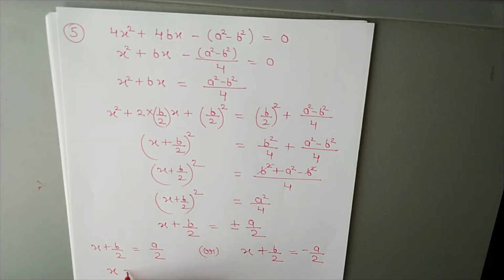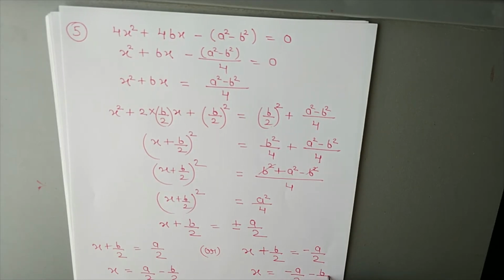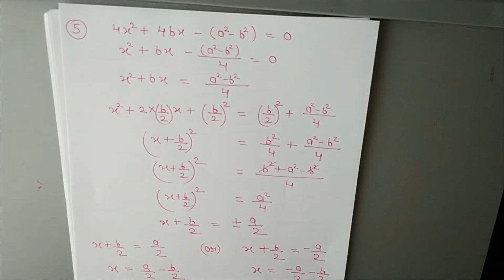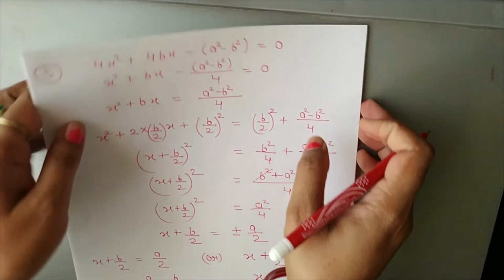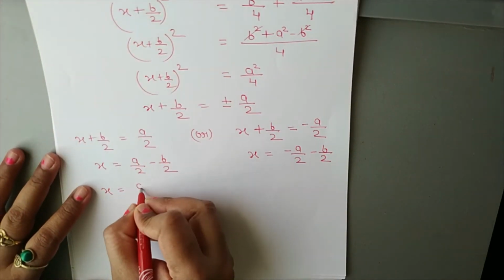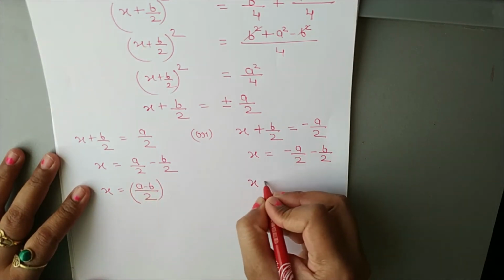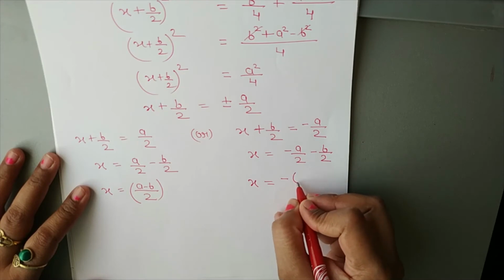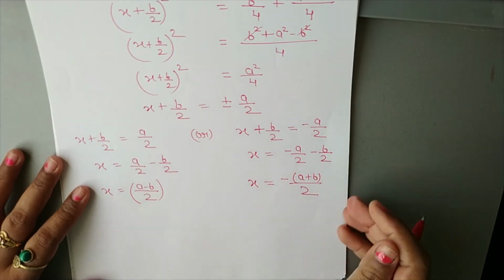So x is equals to a by 2 minus b by 2, x is equals to minus a upon 2 minus b upon 2. Okay, so it will be x is equals to a minus b upon 2, then x is equals to minus is common, so minus a plus b upon 2.